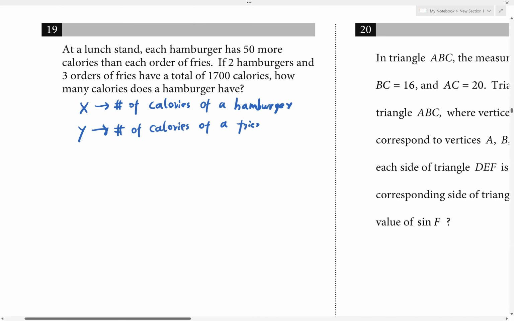You can also use h and f. The variable doesn't matter what you pick, but I'll just use x and y.